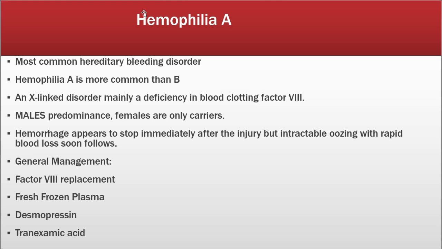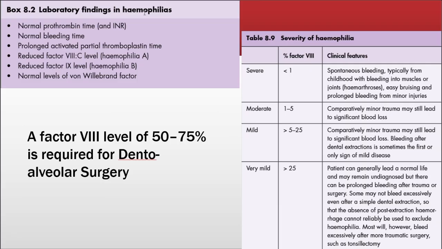Now, we have 3 types of hemophilia A, or 3 degrees. Very mild is when the factor VIII level is above 25%. Mild, 5 or 6 to 25%. Here, bleeding after dental extraction may be the first sign that we can see.